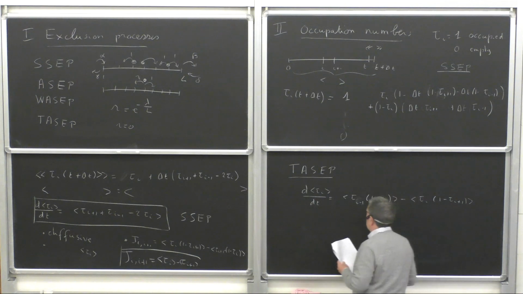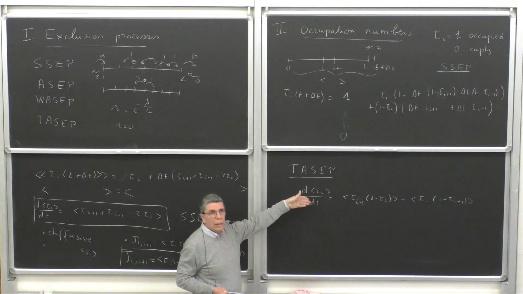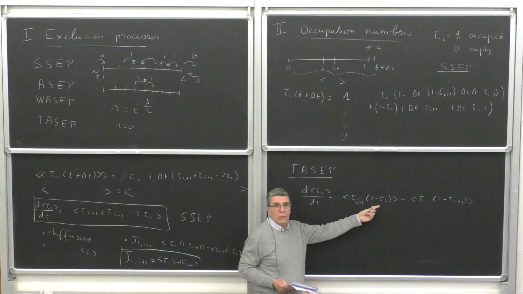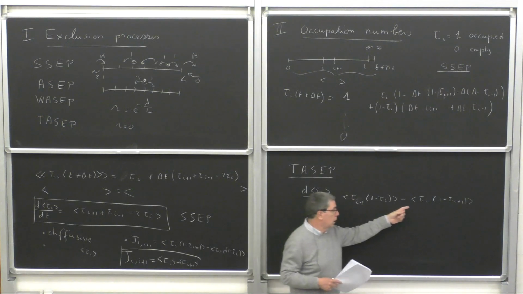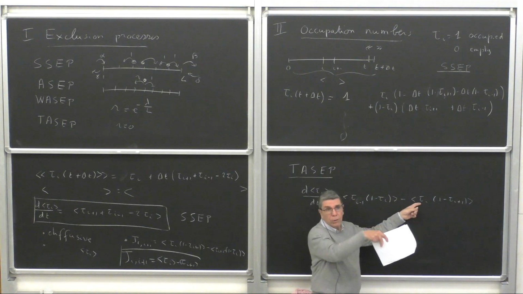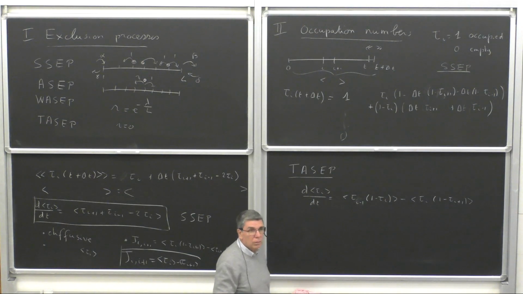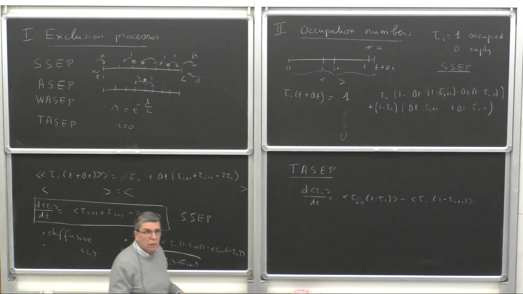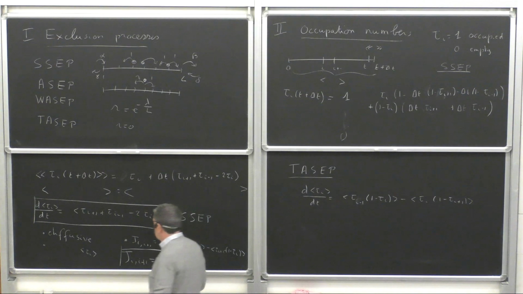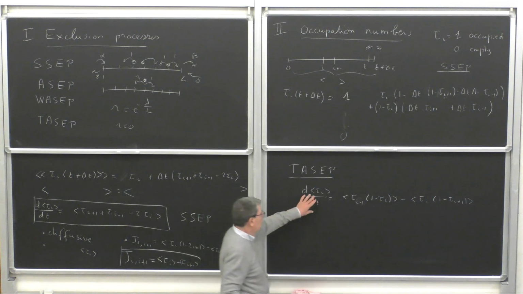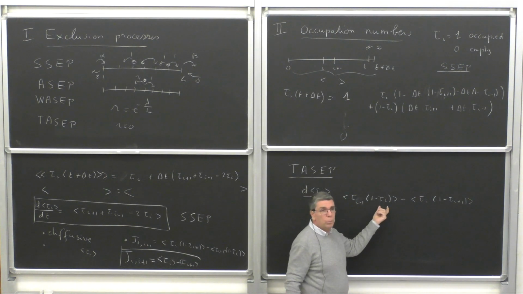So, okay, to say it quickly, how the occupation can increase on site i. Maybe site i was empty and a particle jumps from i minus 1, or it was occupied and the particle left to go to i plus 1. And you see here, the problem is, a priori, it looks more difficult because now you see it's no longer closed. If you want to compute tau i, you see you need the average of tau i minus 1, but also you need this two-point function.